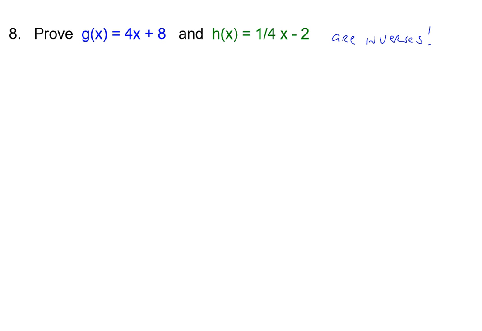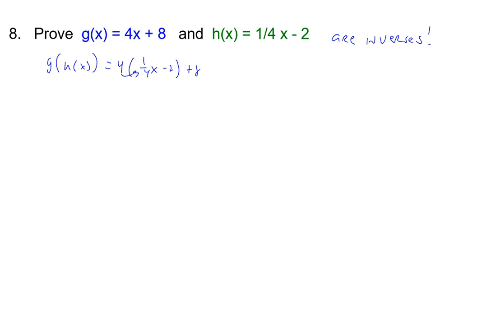You can find the inverse of the h function and see if it looks like g, right? Or you could do what? Composition the functions, right? G composition h of x should end up equaling what? X. All right, so take the g function where the variable is, put in the whole h function. Be careful here, you got to distribute.